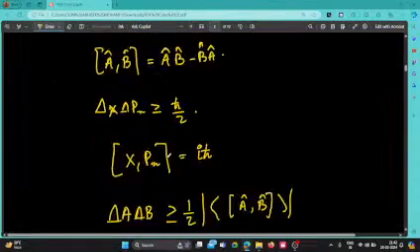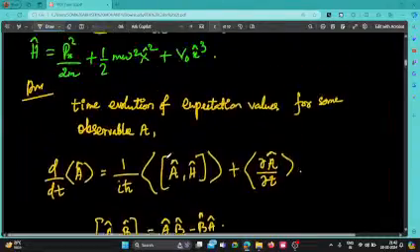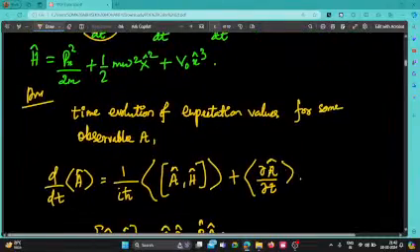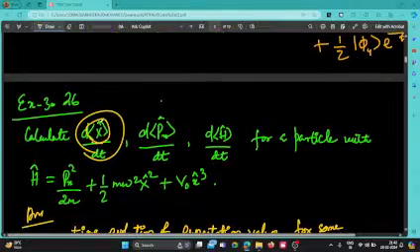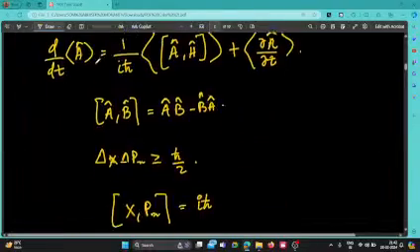Now, I just told you some theory, just theory pertaining to this question. So dA by dt is equal to this much, we know, for some observable. Here we are asked about x, right? So we will do dx by dt. So d by dt of observable x, in place of A we will put x, right?